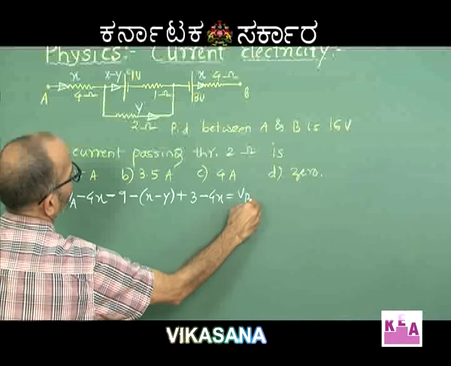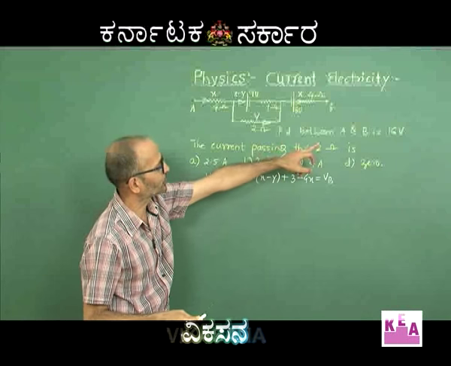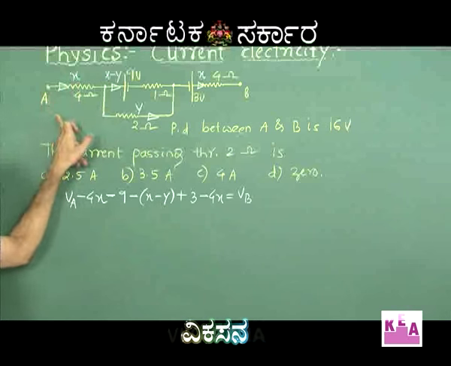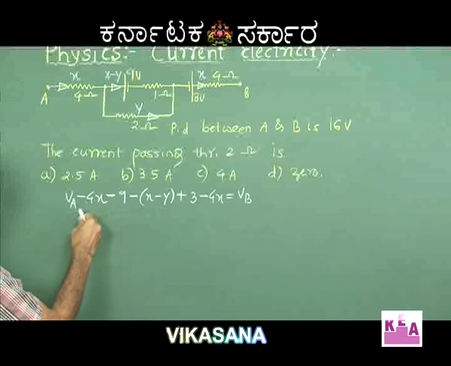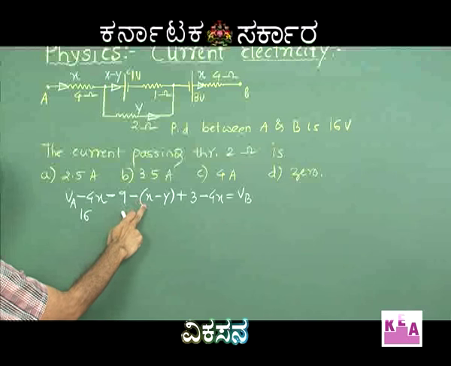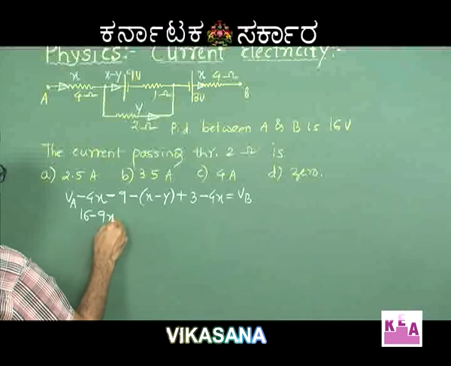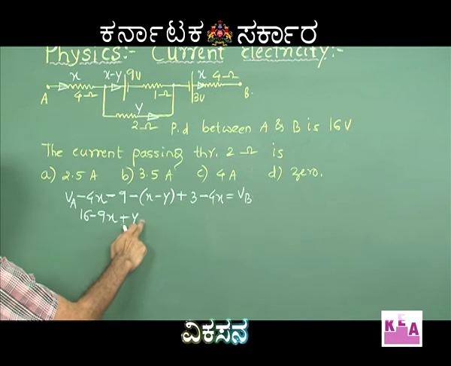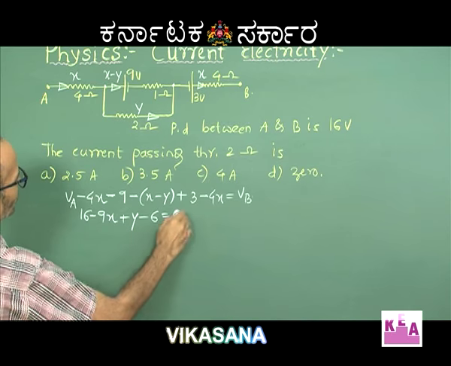So, it is equal to VB. And remember, VA minus VB is given to be 16, because he says the potential difference between A and B, that is VA minus VB, is 16. So, if you write that 16 and simplify a bit, you get 16 minus 4x minus x is minus 5x, minus 5x minus 4x is minus 9x, then plus y, since minus of minus is plus y, and then minus 9 plus 3 is minus 6, equal to 0.